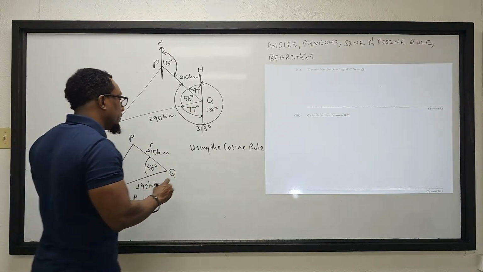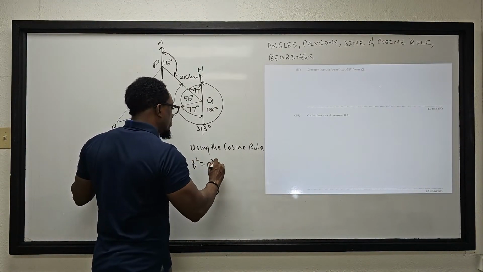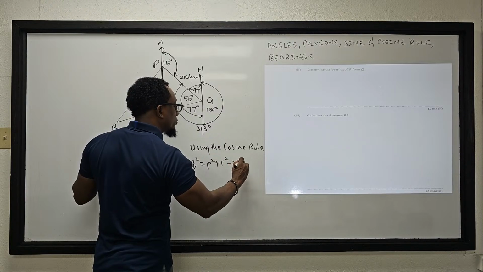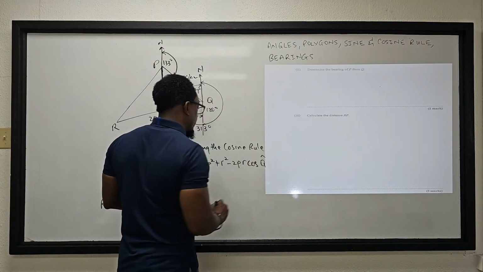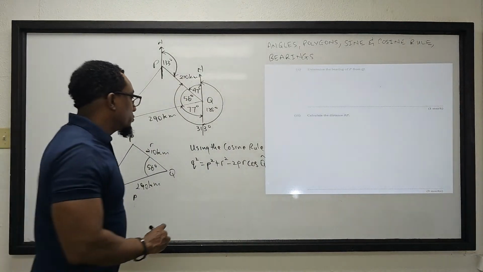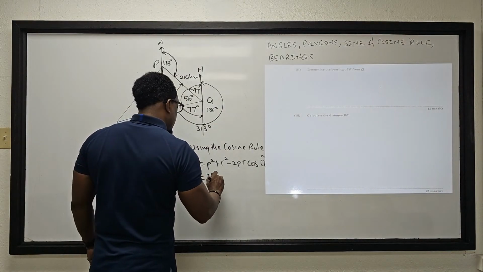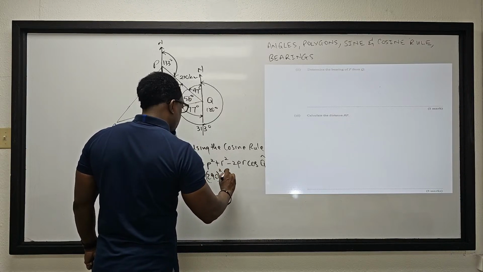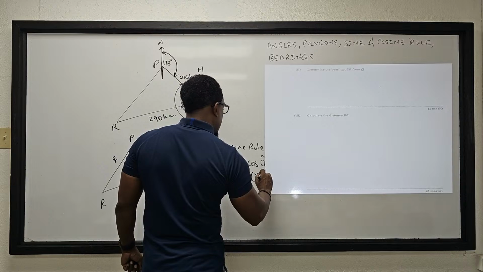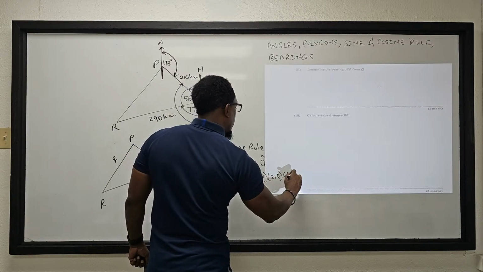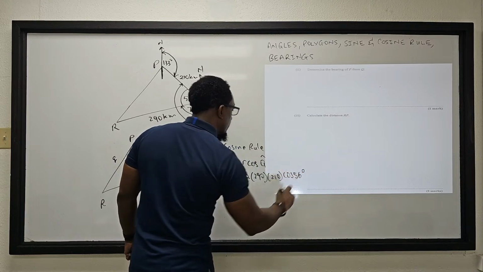So it's going to be q squared is equal to p squared plus r squared minus 2pr cos the angle at Q. So this will be q squared is equal to 290 squared plus 210 squared minus 2 by 290 by 210 cos the angle at Q, which is 56 degrees.